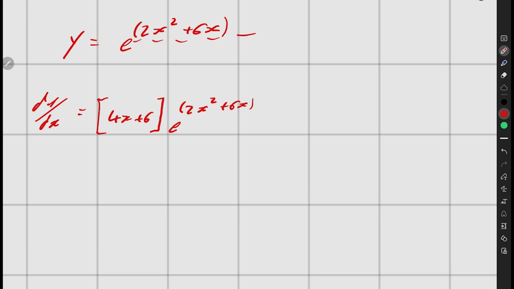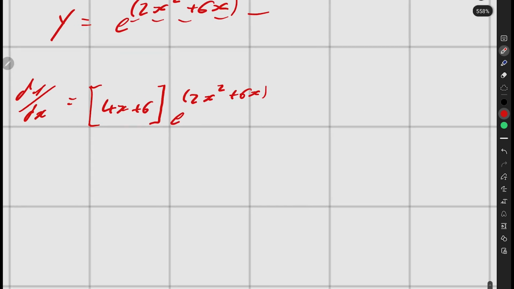So that's the rule with exponential functions when you have more than just a power in your exponent. When you have e to the power of something that's not just basically an x, when there's a little more to it, just remember what we're doing is multiplying the original function by the derivative of the power.